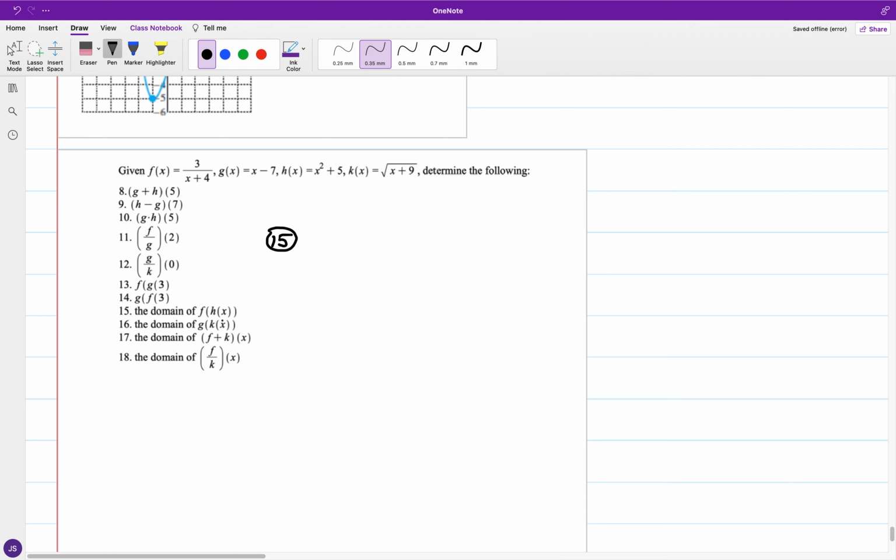For f composed with h of x, we're looking for the domain, and we're still going to have to carry out this composition.